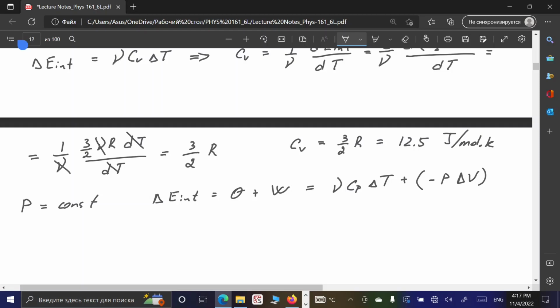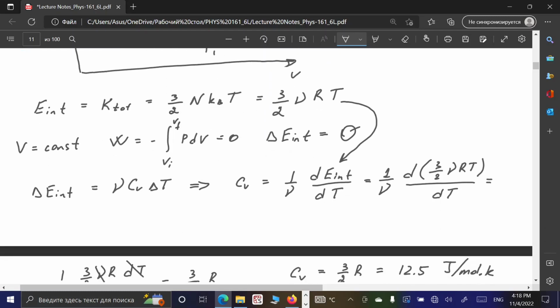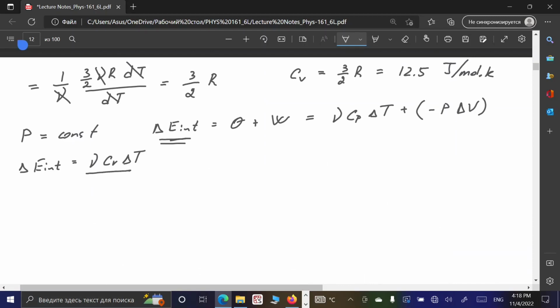For the left side of this equation, we can write that delta E internal, we already defined it previously, can be expressed as nu times Cv times delta T. So why can we use this? Because we know that both of these processes are happening between two isothermals, and change of internal energy for both isovolumetric and isobaric processes will be the same. So no matter how we express it, we will get the same number.